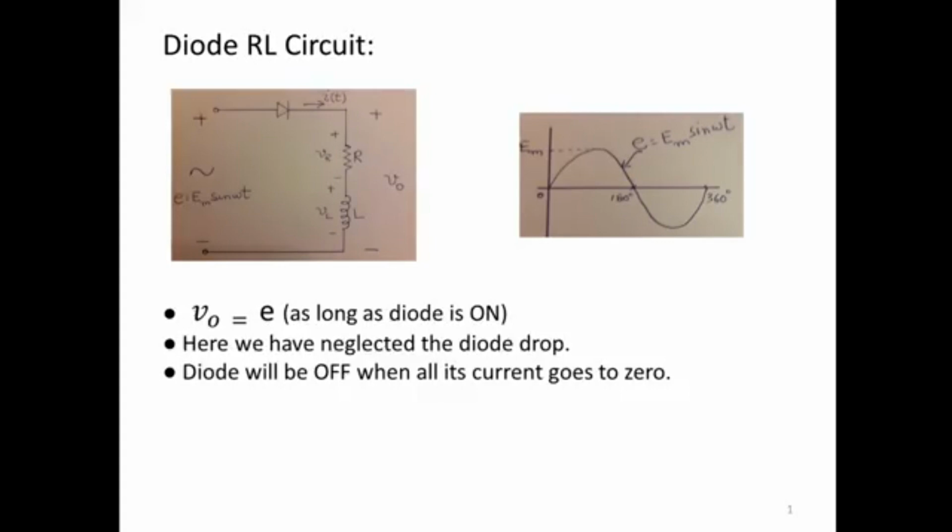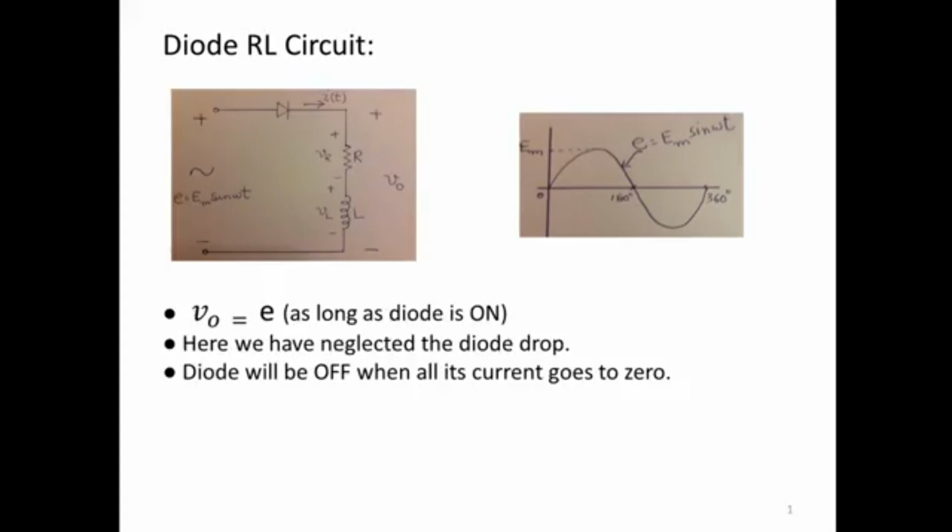One thing more before I start the analysis. In power electronic circuits, normally we neglect the voltage drops of a conducting device, whether it is a diode, a thyristor, or a transistor.